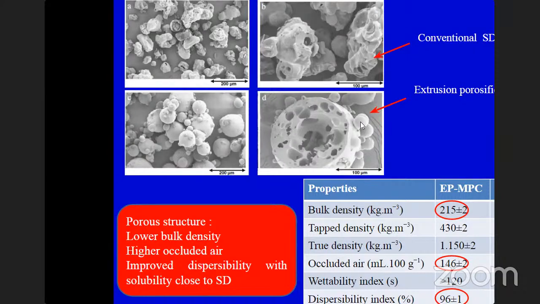So a step of agglomeration is not needed in this technique. The porous structure decreases the bulk density compared to the classical traditional spray dried powder and increases the amount of entrapped air, improving the dispersibility in water.